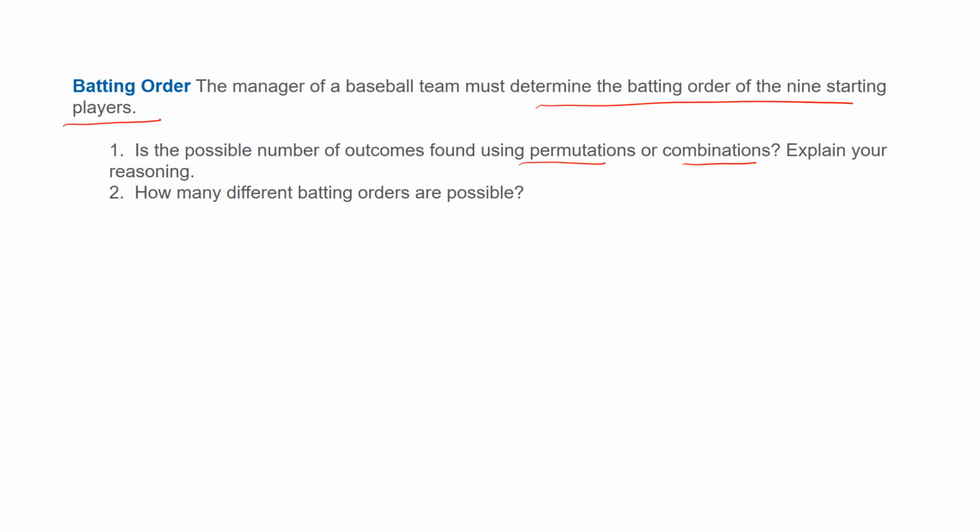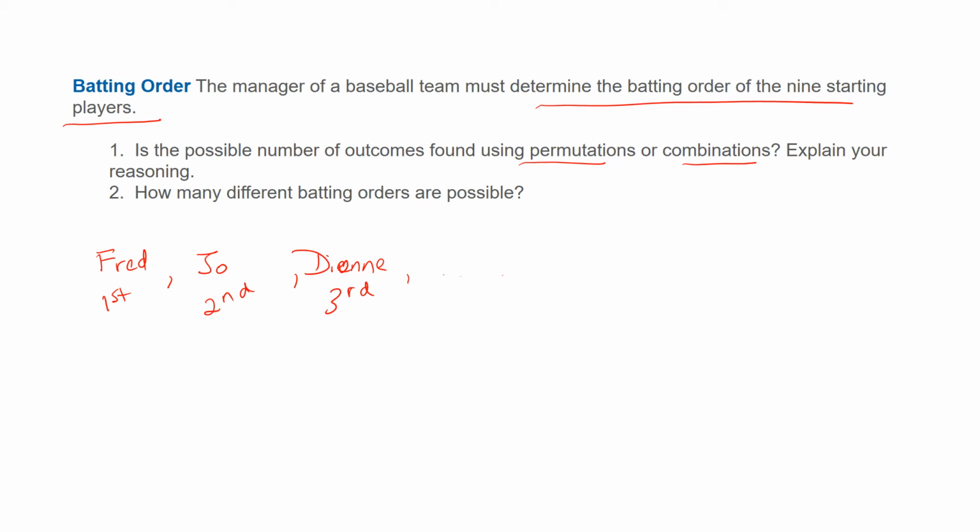We haven't talked about combinations yet, but the difference between a permutation and a combination is if rearranging changes your outcome. Okay, so suppose I chose Fred to bat first, and then Joe to bat second, and Dion to bat third, and so forth.